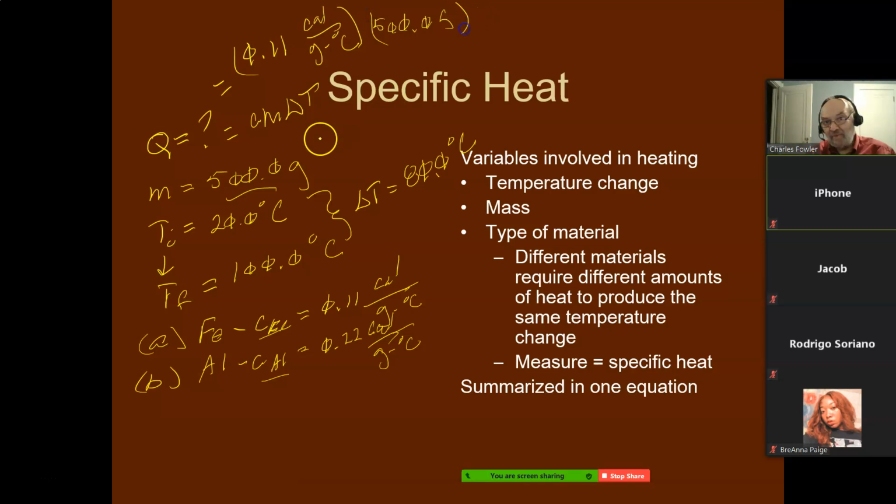And multiply that by your delta T, which was 80.0 degrees Celsius. Okay, notice what happened. The grams and grams cancel out. The degree Celsius and degree Celsius cancel out, and that gives you calories. That's a good thing to measure heat with, is calories.